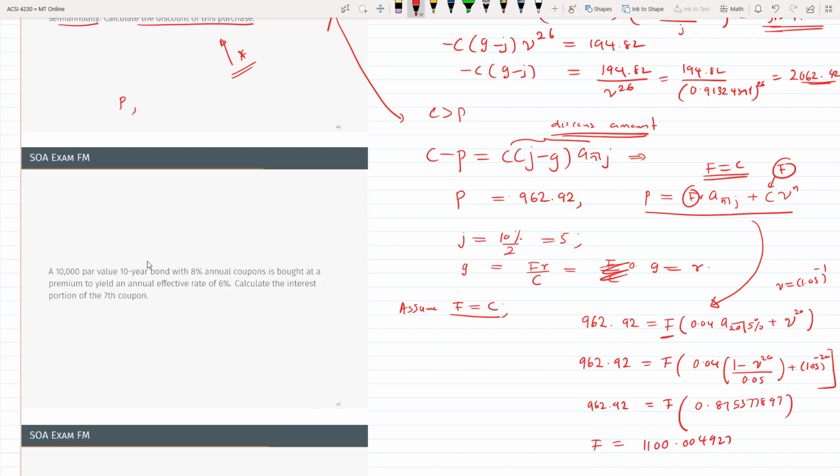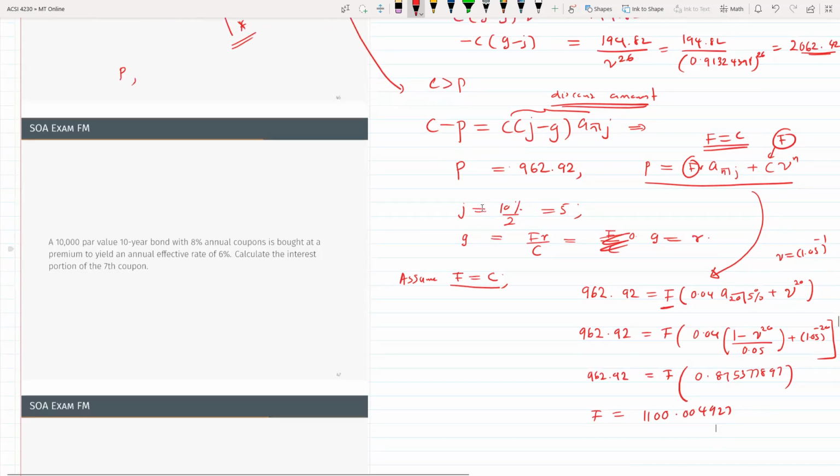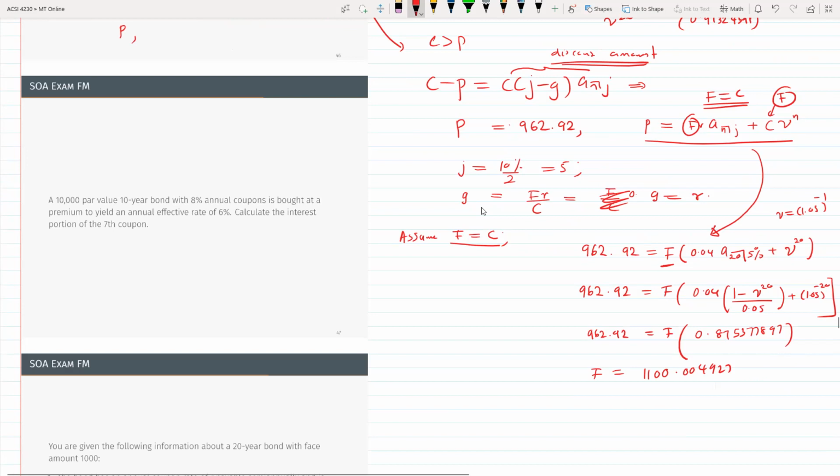So now you can easily get the discount, which is C minus P, and C equals F. So F minus P, which is 1100 minus 962.92, which is 137.